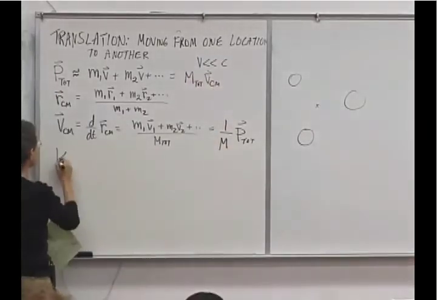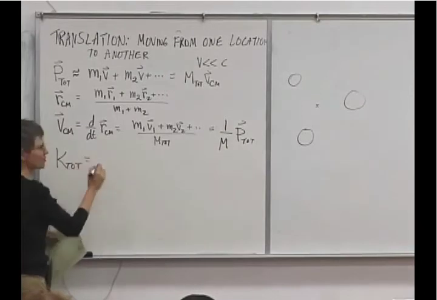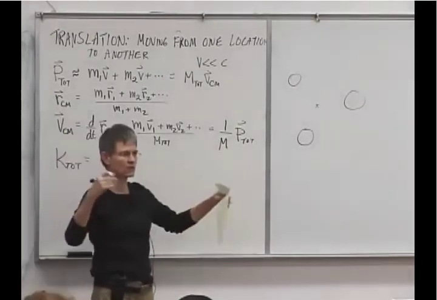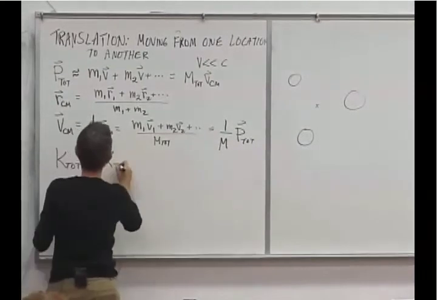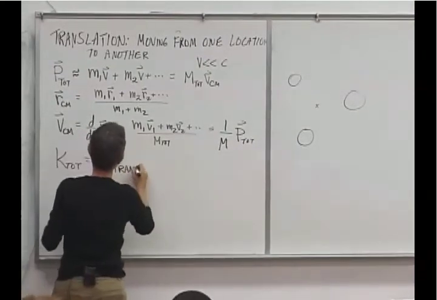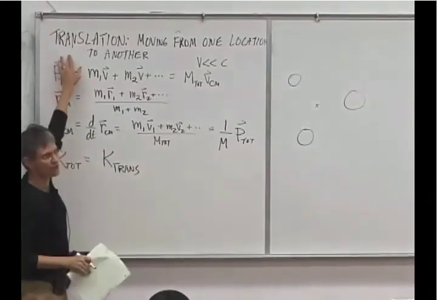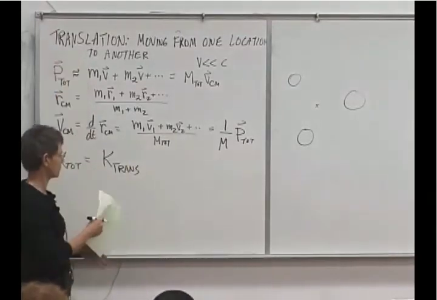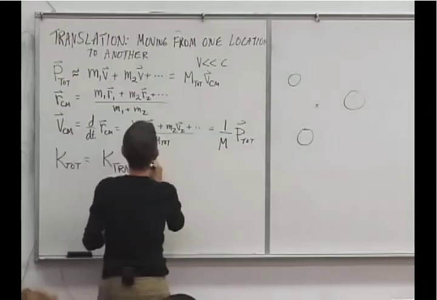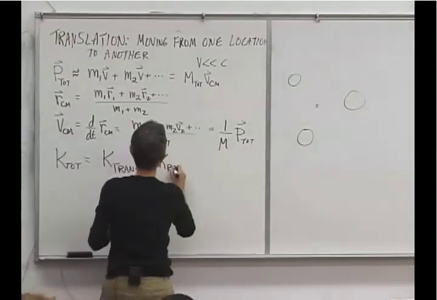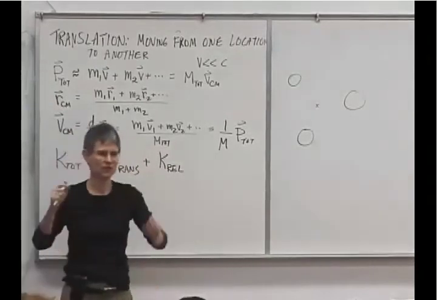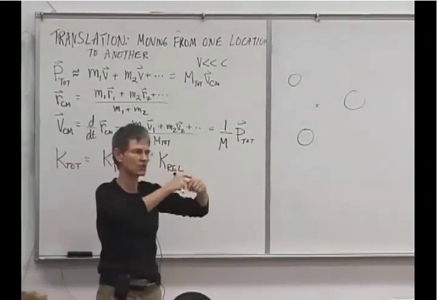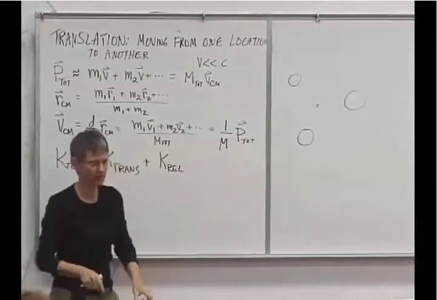And we also divided the total kinetic energy of an object, which is maybe stretching and vibrating and rotating and flopping around, into the translational kinetic energy, that is the kinetic energy associated with just moving from one location to another, plus the kinetic energy relative to the center of mass. So the center of mass is moving, but this thing may also be spinning or vibrating or stuff like this.